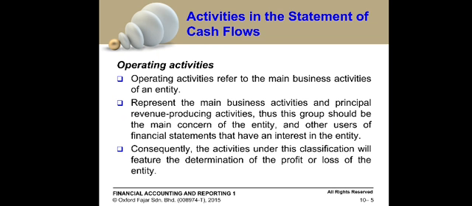Consequently, the activities under this classification will feature the determination of the profit and loss of the entity. So operating activities means the activity of the company to generate revenue. Most of these activities can be seen in the income statement or statement of profit and loss.